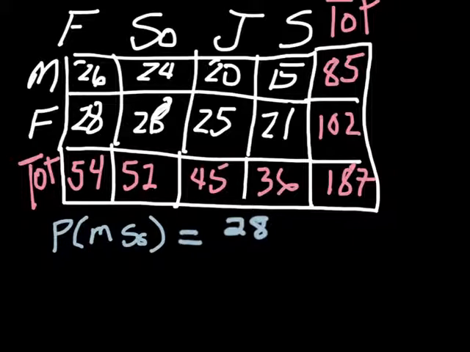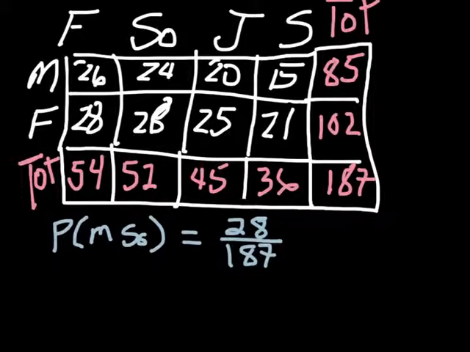So what's the total out of? Well, I want to find the probability of male sophomores on my campus. Then it would be out of 187, which would be the table total. But if I wanted to find the probability of male sophomores, given that they were already a sophomore, then my total on the bottom would be the column total.